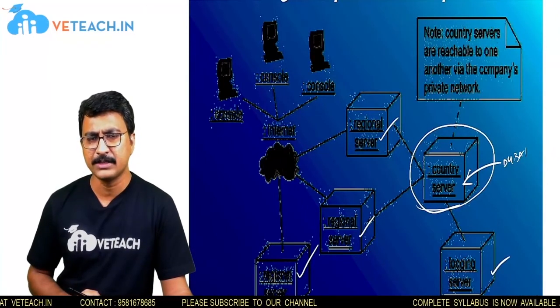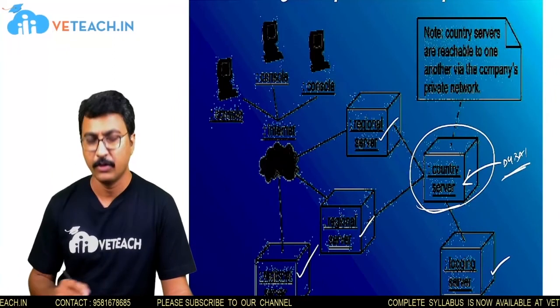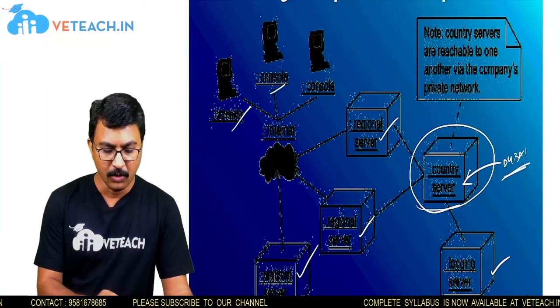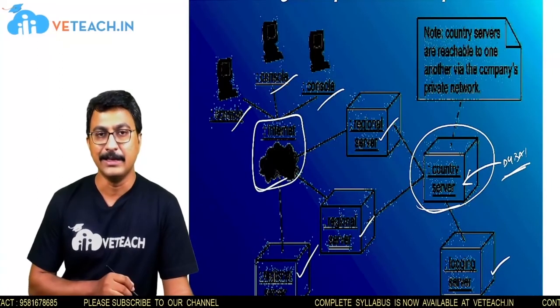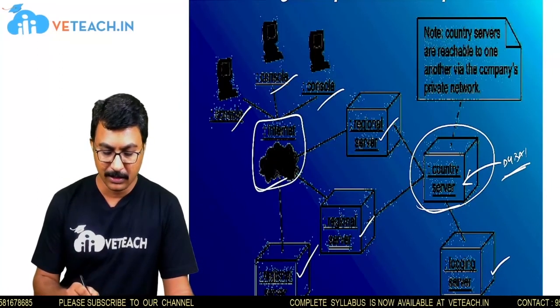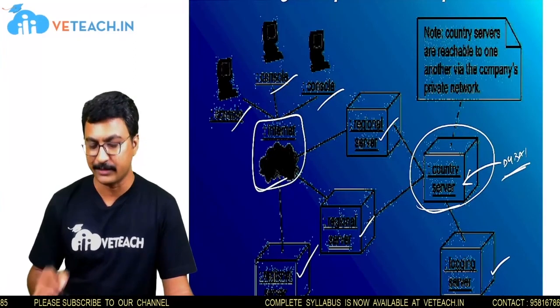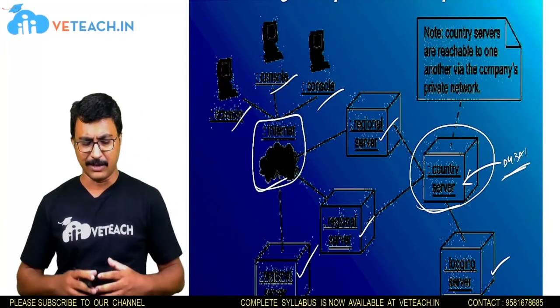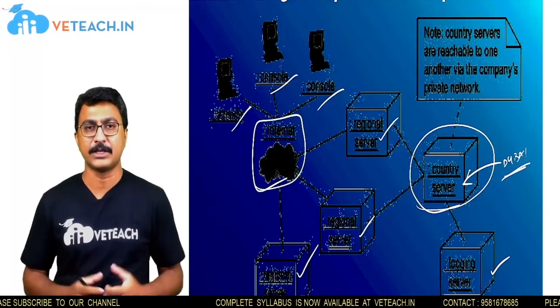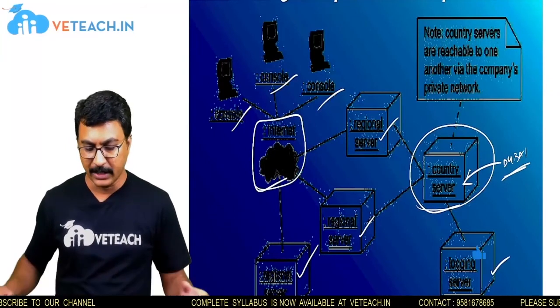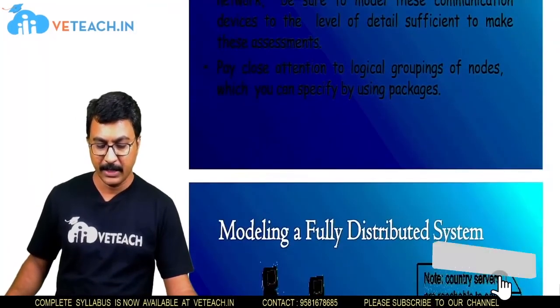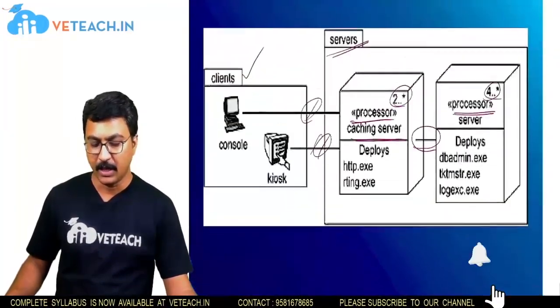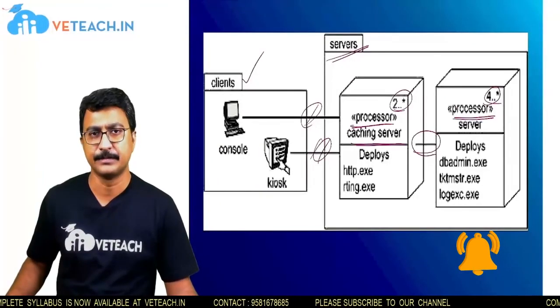Does it mean that a logging server exists directly at Dubai? No, a client does not know to whom he is interacting. He interacts through the internet, and the local regional servers are the ones that interact with the other servers. There is a large form of global representation for such a network. All that can be shown with the help of a deployment diagram. So in a sense, a deployment diagram can show you physically how things exist. Thank you.